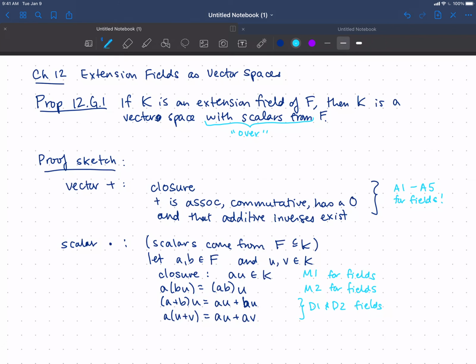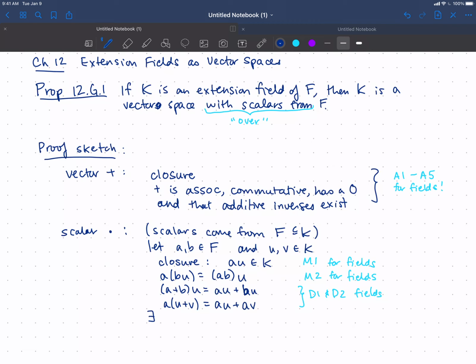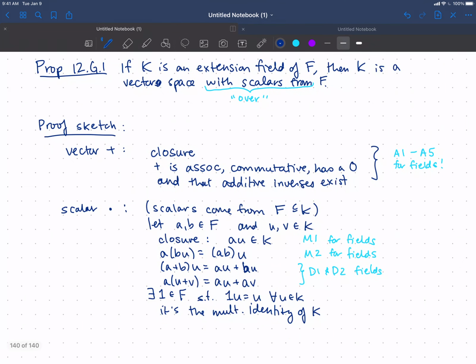So this works out. And the last thing I need is that there exists a 1 in F, a scalar multiplication identity such that 1 times U is equal to U for all U in K. And it turns out that it's the multiplicative identity of K, which has to belong to F because F is a subfield.